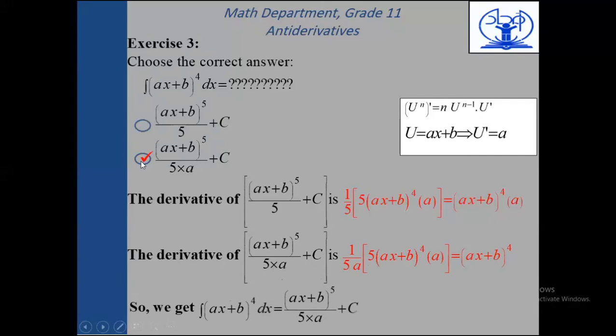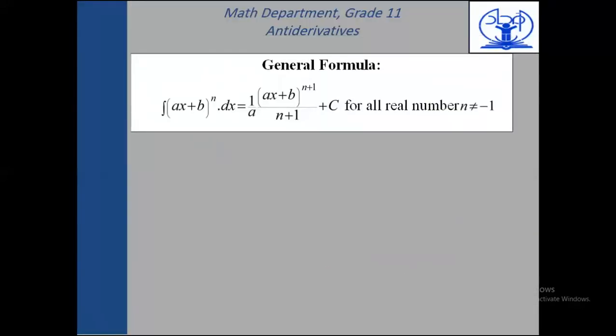In general, what can we say about the integral of (ax plus b) to the n? Actually, this is u to the n, where u is linear. We cannot deal with ax plus b as if it's x. We start by saying it's (ax plus b) to the n plus 1 over n plus 1, but actually you need to divide by a.